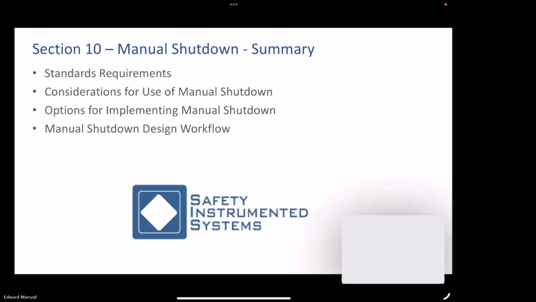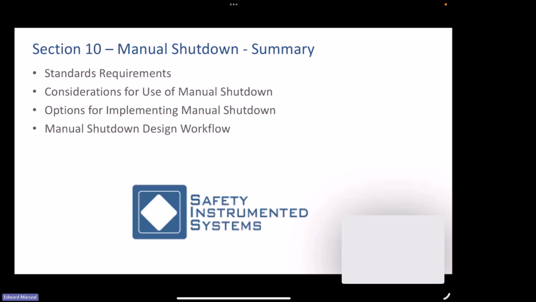But there are other scenarios where the operator maybe didn't have enough time to respond to a pre-alarm, but they know that the SIS valve didn't activate because its limit switches didn't move. And now that they know that there's supposed to be a shutdown and it didn't happen, they would take action.